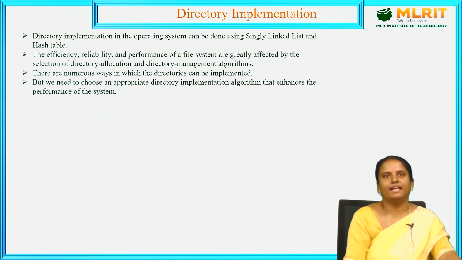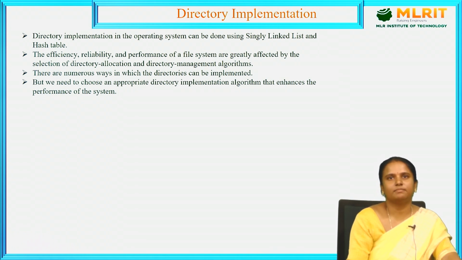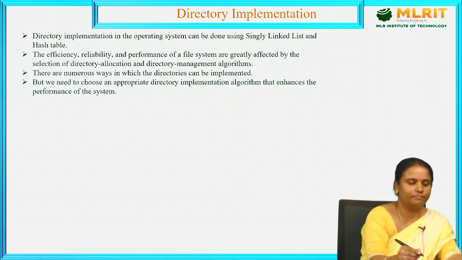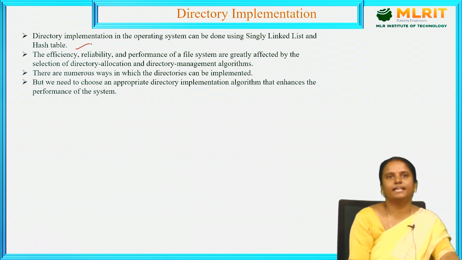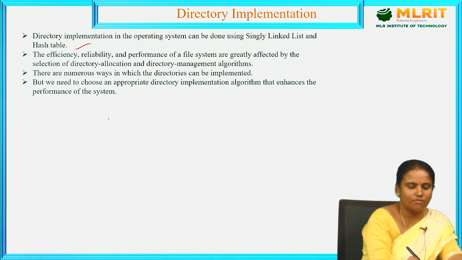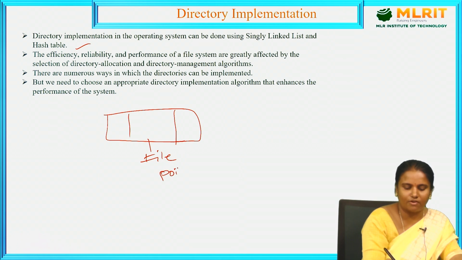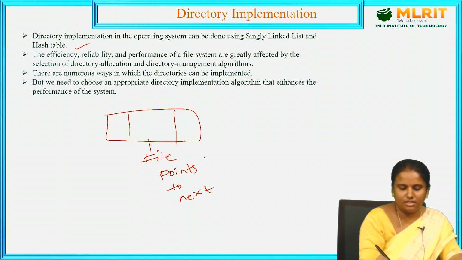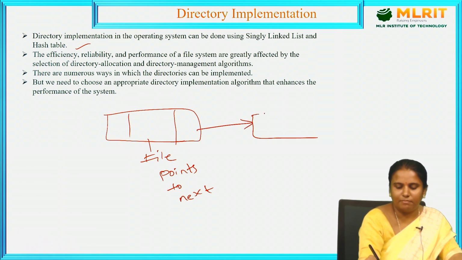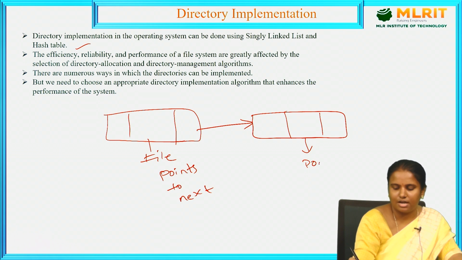Here, the directory implementation can be done in the form of a single linked list and a hash table. A single linked list is nothing but a file that points to the next file. This is how the directory implementation can be done using a single linked list, where each file points to another file.